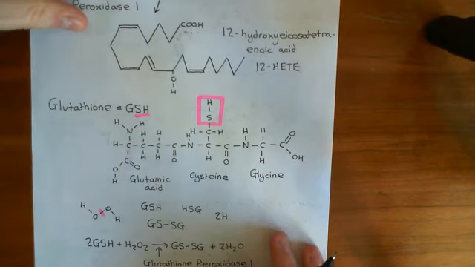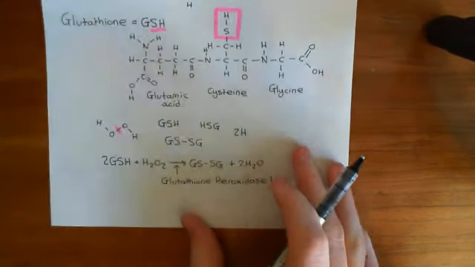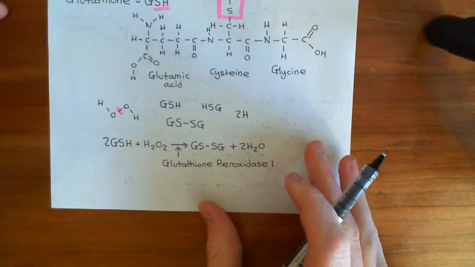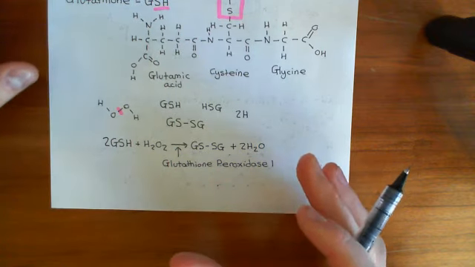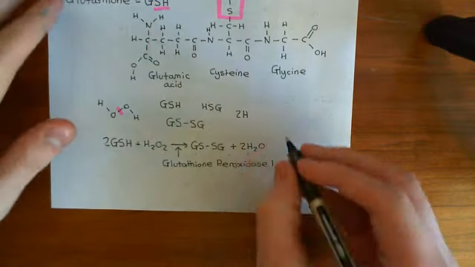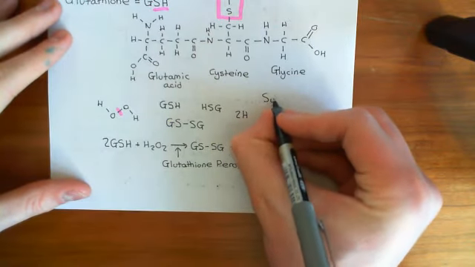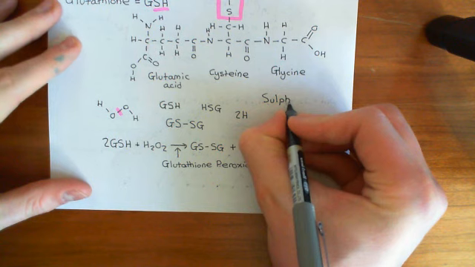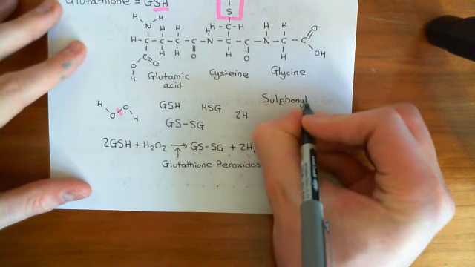Now, the last thing I just want to discuss is some drugs that work by interfering with this release of insulin. There are drugs known as sulfonylureas, and I'll put them here. These drugs will bind to the sulfonylurea receptors.